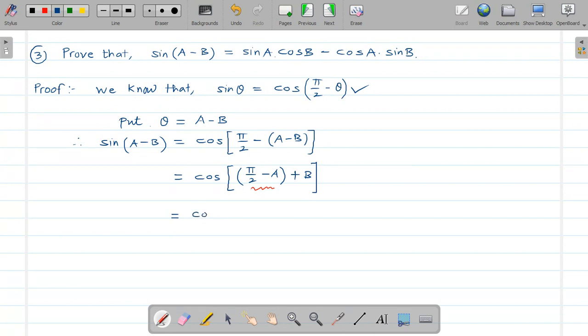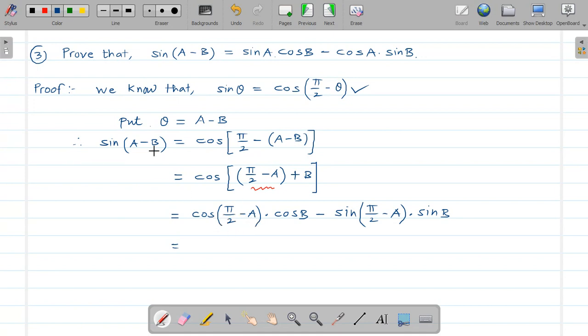So by that result we get here cos a means cos of pi by 2 minus a, into cos b, minus sin a means sin of pi by 2 minus a, into sin b. So by the compound angle formula we can write this step. Now what is cos of pi by 2 minus a?